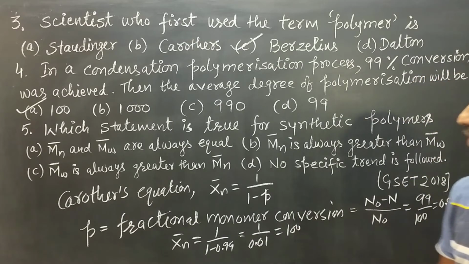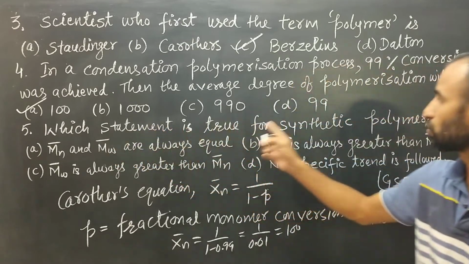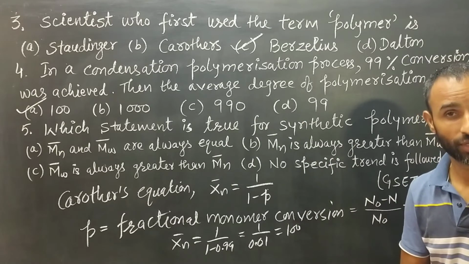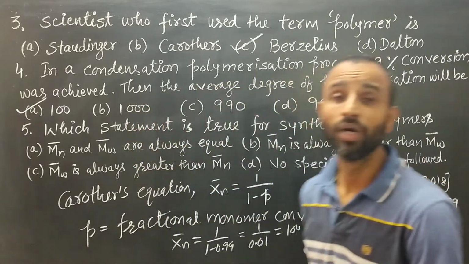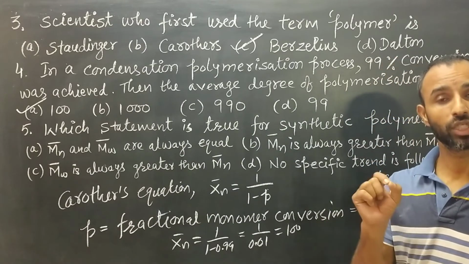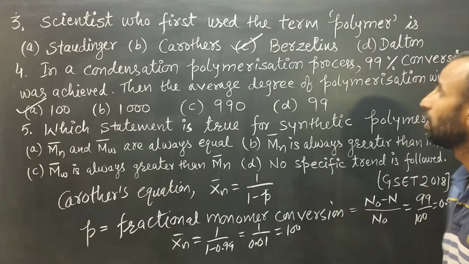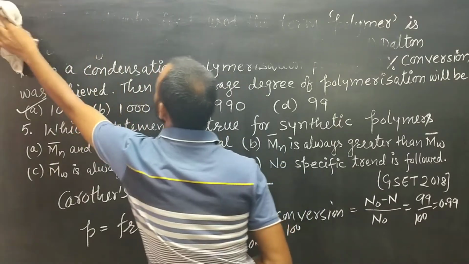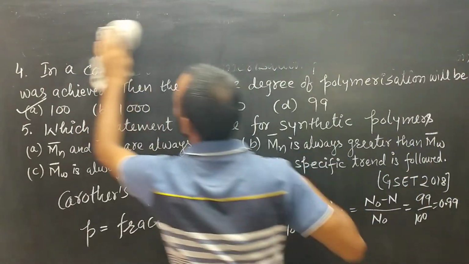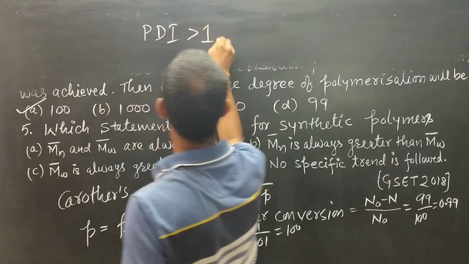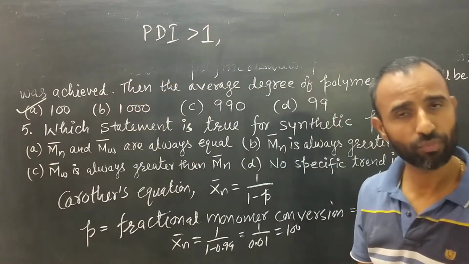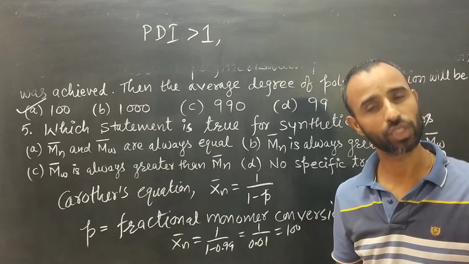Okay, now next, which statement is true for synthetic polymers? So keep in mind, synthetic polymers are always polydispersed, meaning the polydispersity index should always be greater than 1. Natural polymers may be monodispersed.